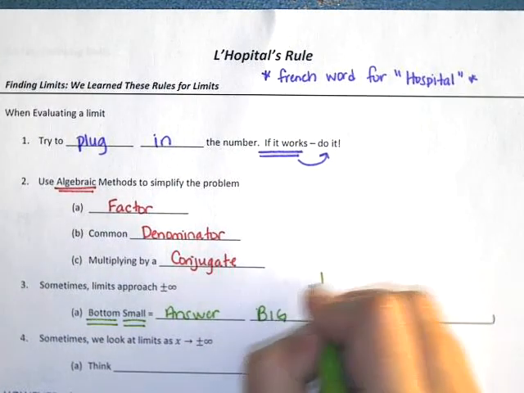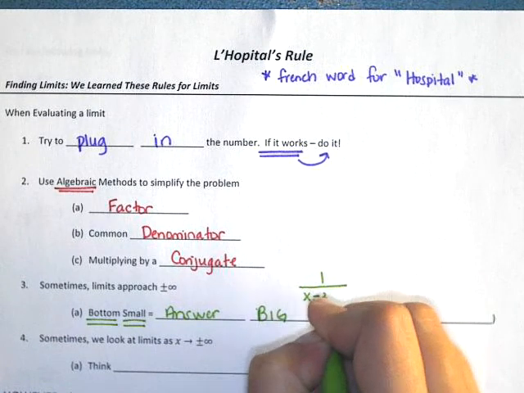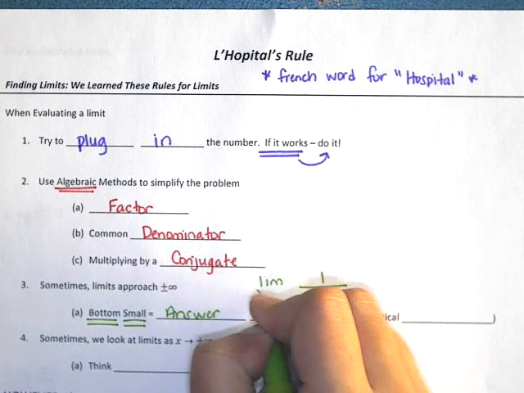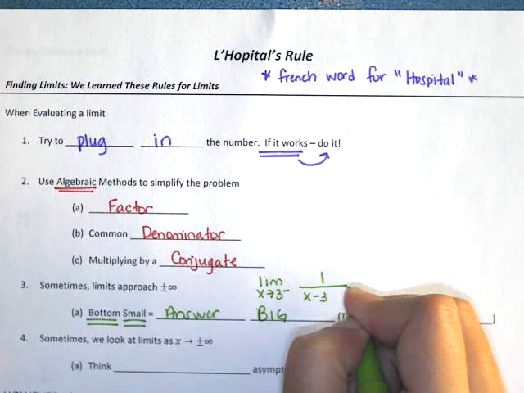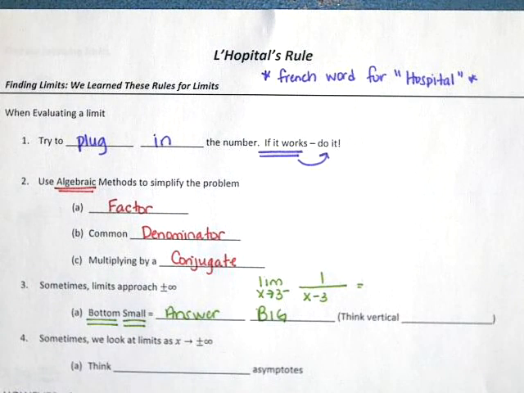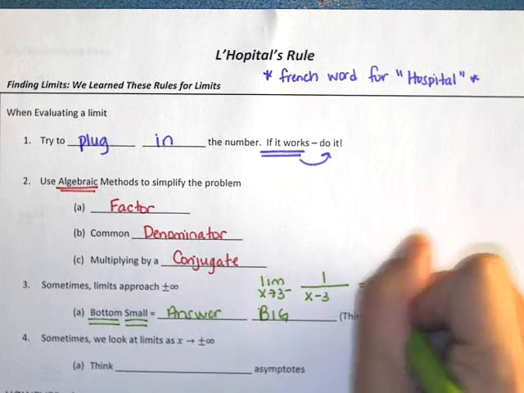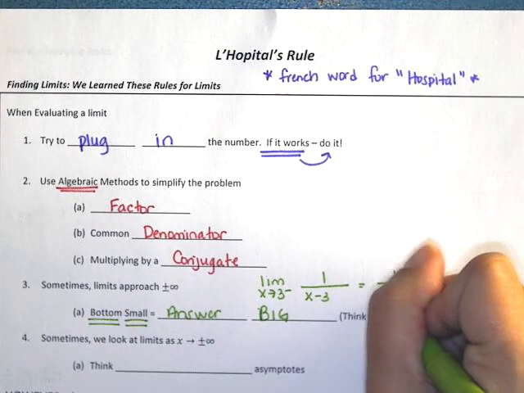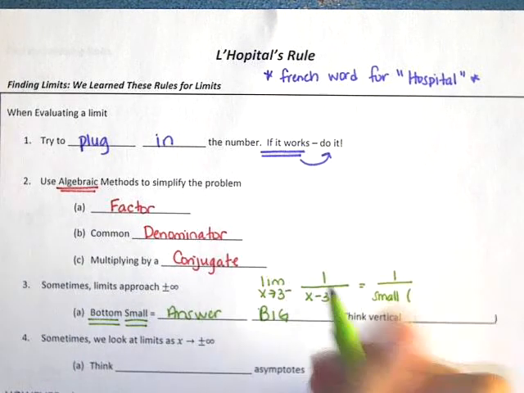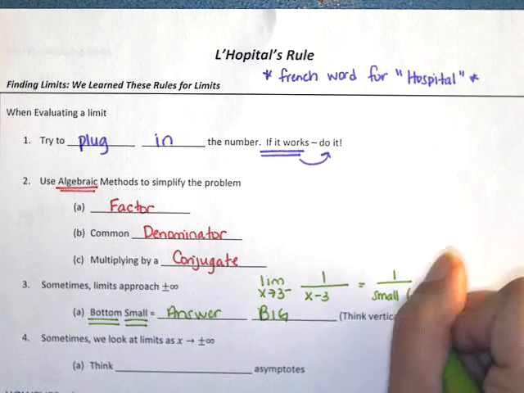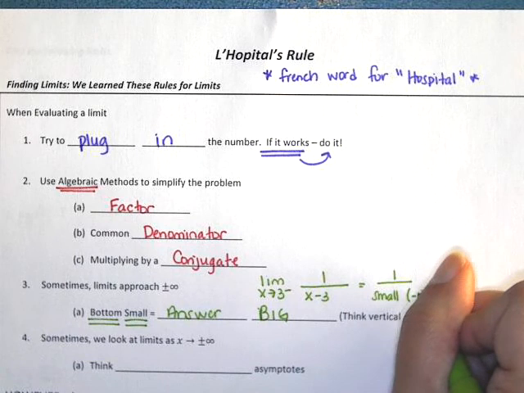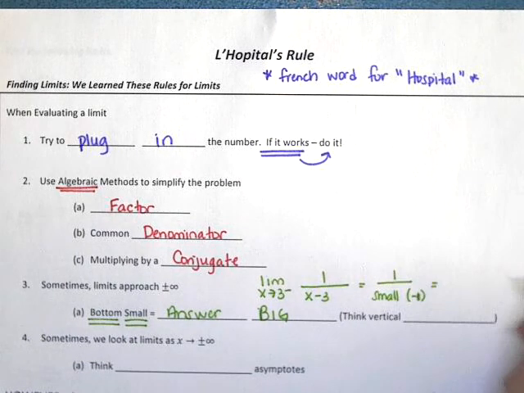So if you try to plug in a number, like the limit as x approaches 3 from the left of 1 over x minus 3, algebra isn't going to help you here because you're just going to get 1 over a very small number, which in this problem happens to be negative because you're a little bit less than 3. It's negative. So you would get negative infinity.